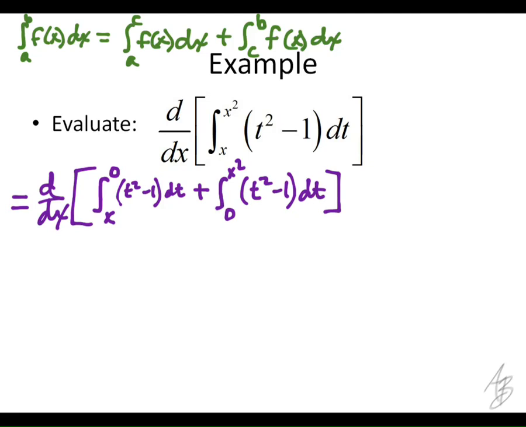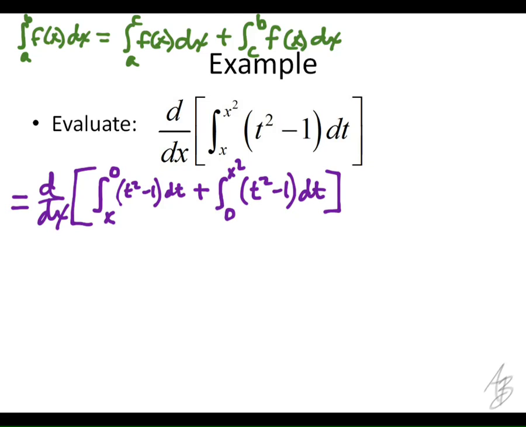It only partially fixed my problem. It only fixed my problem in this integral, but I still have the problem here. So how do I fix the problem here? Yeah, exactly. So we flip the limits. We put the x on top, the 0 on the bottom, and we put a negative out front. So it's going to be the opposite of that.